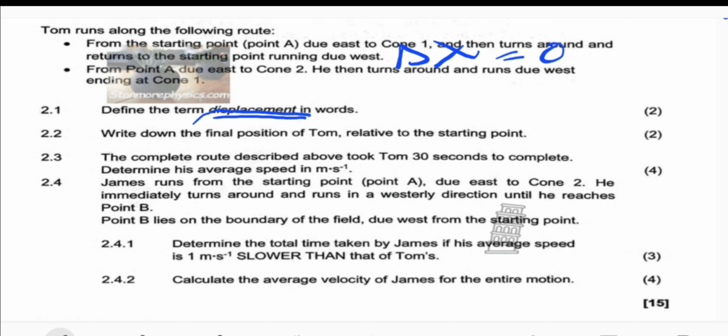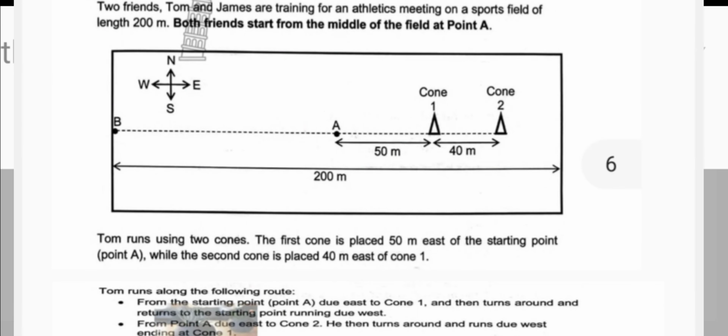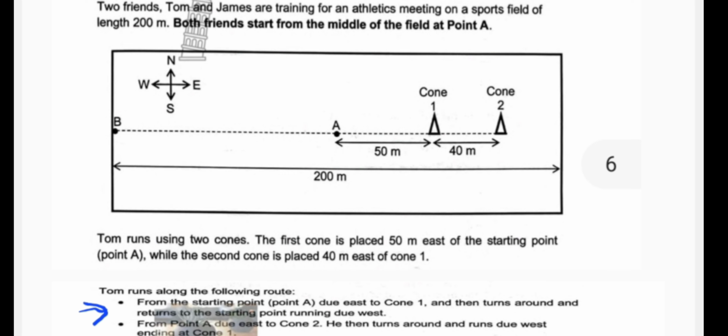Change in position. Now they say write down the final position of Tom relative to the starting point. So of course we will have to go to the scenario there to see what was happening, because we want to write down the final position of Tom relative to the starting point. So I believe for us to be able to answer that question, it will depend on these statements that we have had here. Let's try to draw Tom's motion. So remember we said from the starting point, this was the starting point.